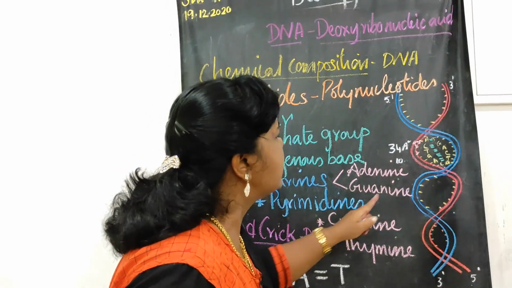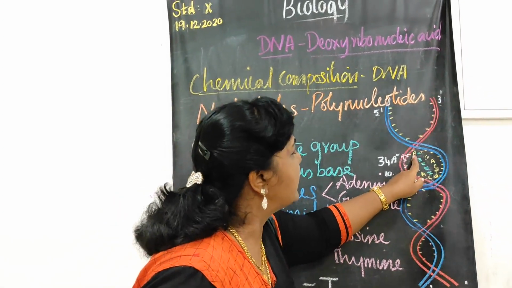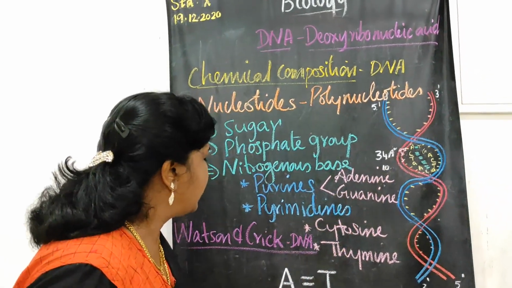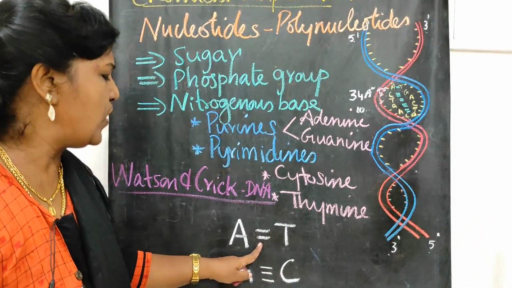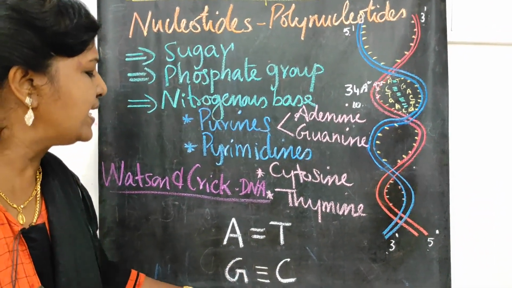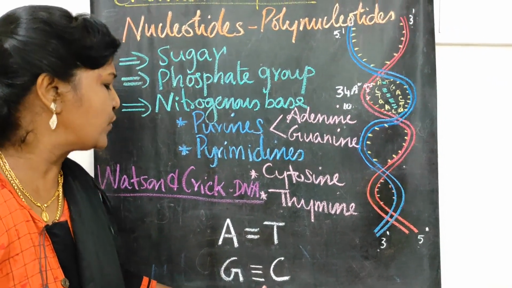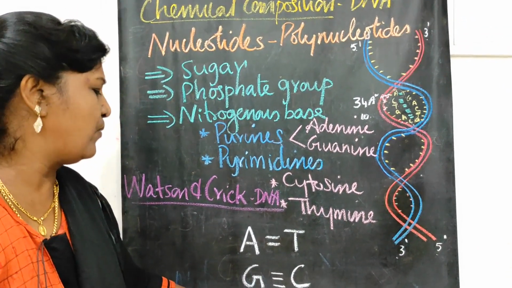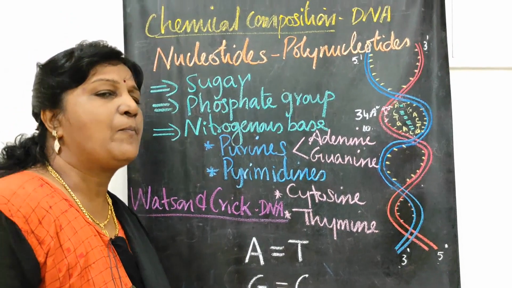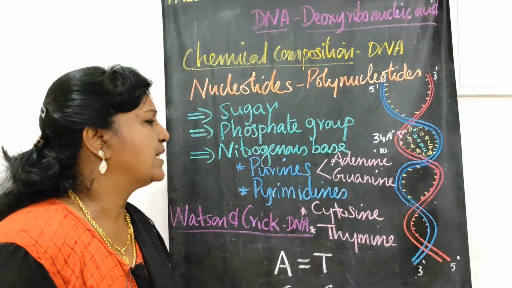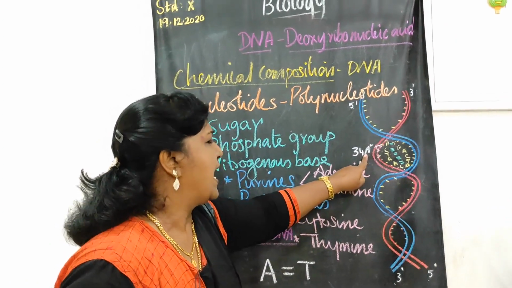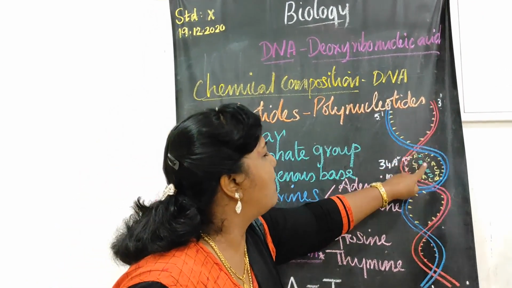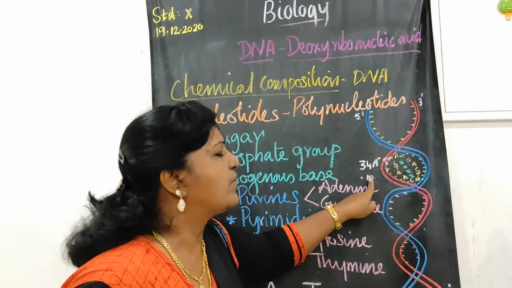Pairing between the purines and pyrimidines is very specific. Adenine always combines with thymine by means of 2 hydrogen bonds, and guanine always combines with cytosine by 3 hydrogen bonds, and they are said to be complementary base pairs. Each turn of the double helix is 34 Angstrom units, and in a complete turn there will be about 10 base pairs.